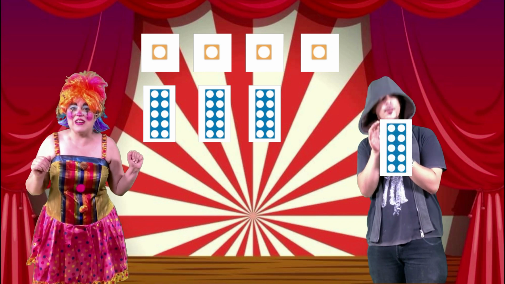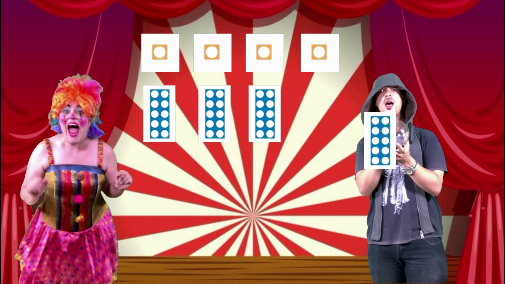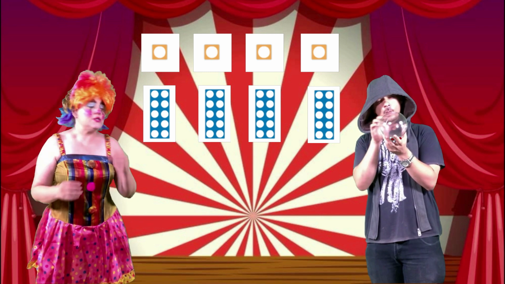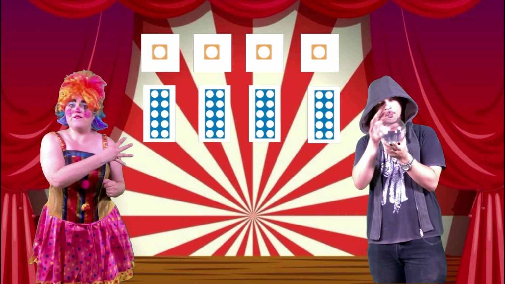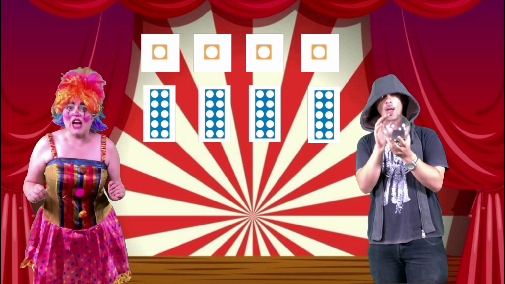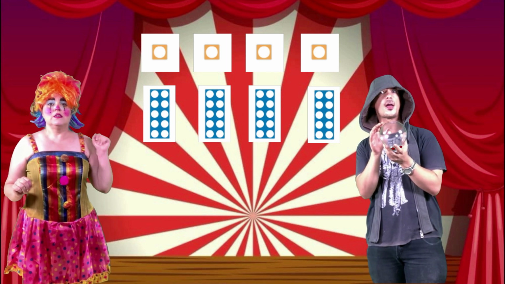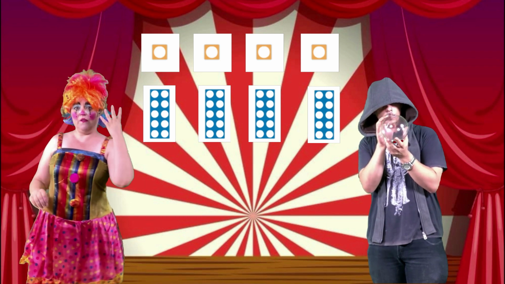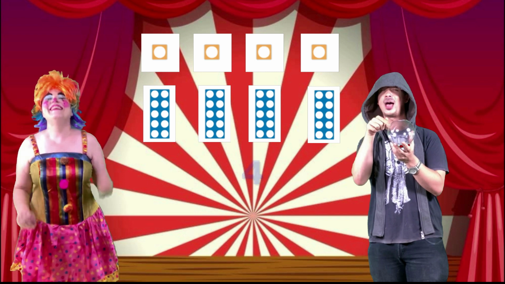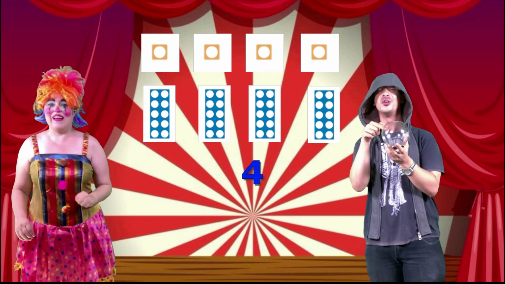Another Numicon 1 shape and another Numicon 10 shape. So, now we have 4 Numicon 1 shapes and 4 Numicon 10 shapes. So how many holes in 4 Numicon 1 shapes? That's right, 4.